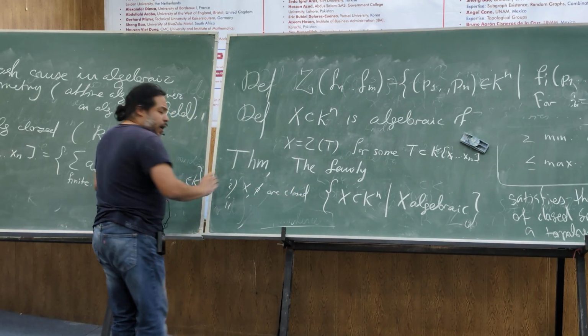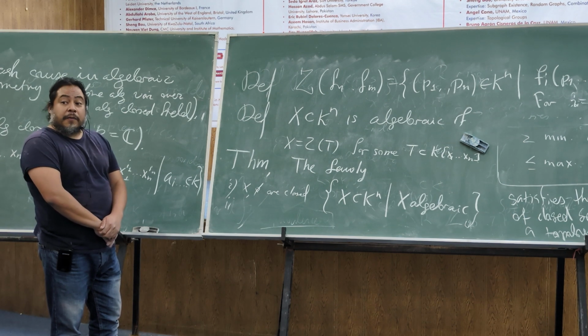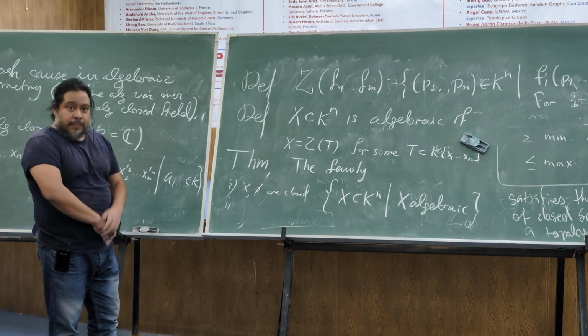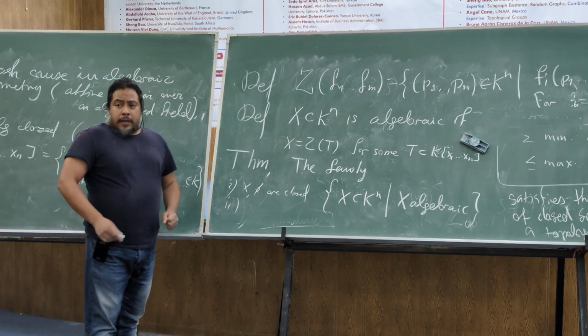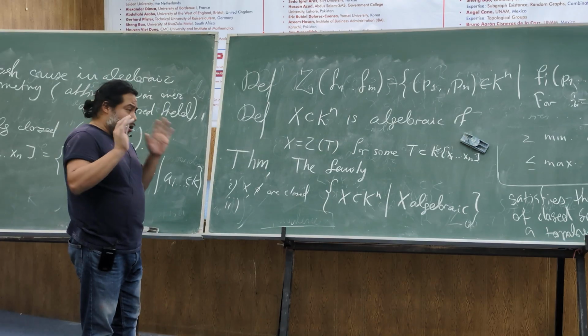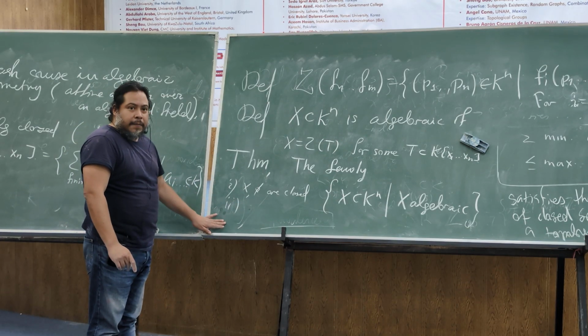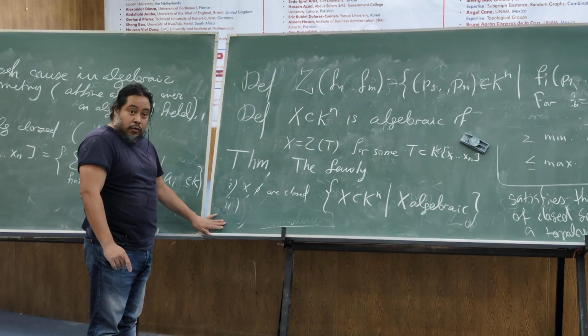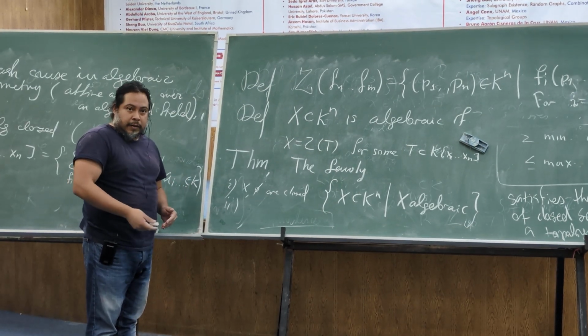The second one, in terms of closed sets: finite union of closed sets is closed. And arbitrary intersection of closed sets is closed. Those are an alternative version for a topology in terms of closed sets.